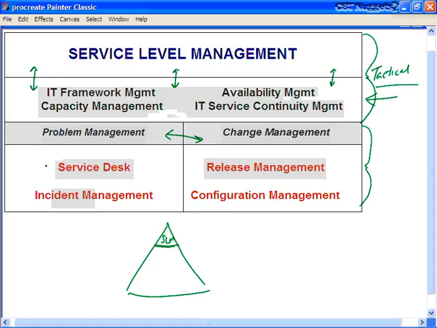But under problem management, you've got the service desk and incident management. And under change management, you've got release management and configuration management. And you may actually design your ITIL service solution this way, partitioning up these different management responsibilities to individuals, to working groups, to steering groups, to teams based on these modular approaches. Now, this is the tactical aspect.